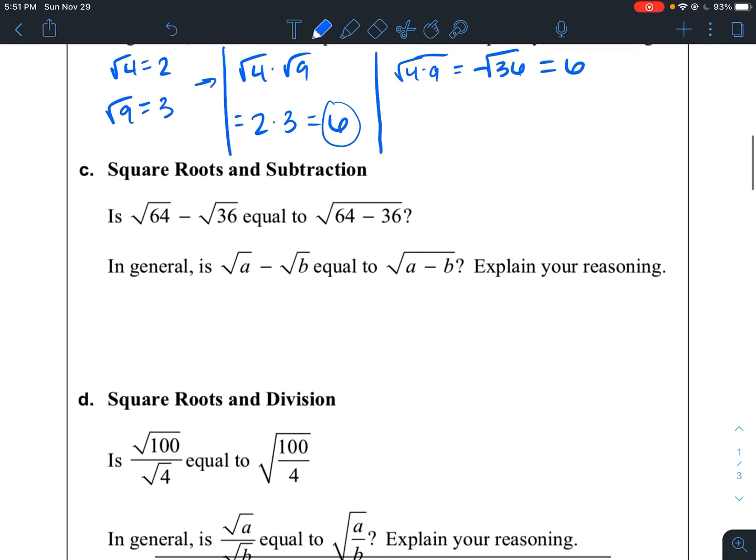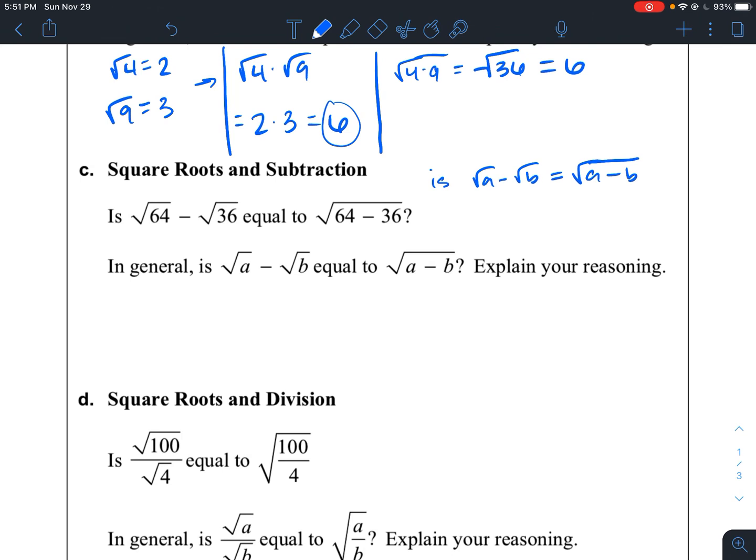Now let's try using the same thing but with subtraction. Is the square root of a minus the square root of b the same thing as the square root of a minus b?